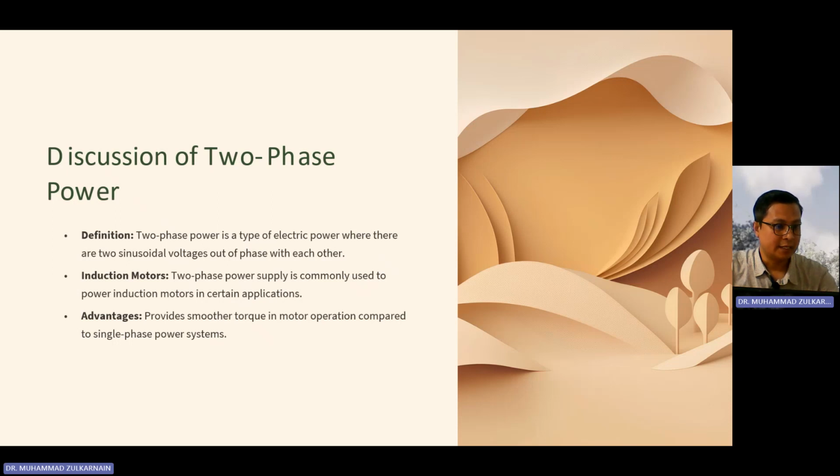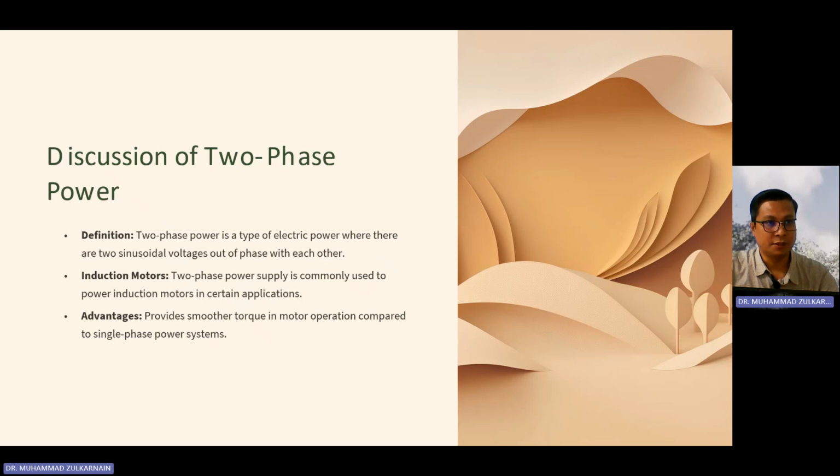Two-phase power supply is commonly used to power induction motors in certain applications. The advantage is that it provides smoother torque in motor operation compared to a single phase power system. So when we have two phases, it means we have four winding systems, with two poles.